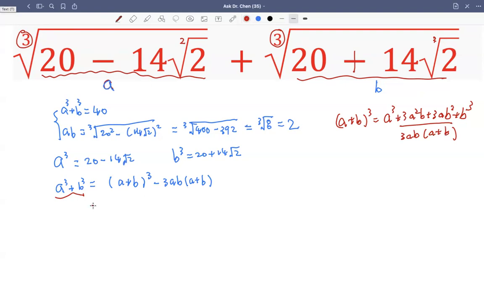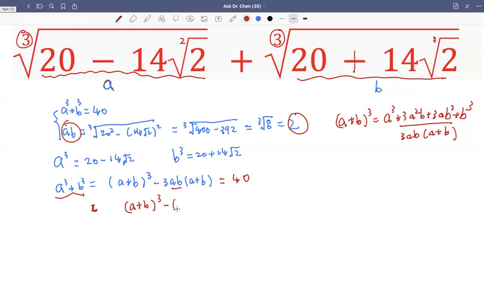Now, A cube plus B cube equals 40, right? Let's put that over here. Let's put everything on one side. So we have A plus B cube minus 3AB, and A times B is 2, so we can substitute 2.